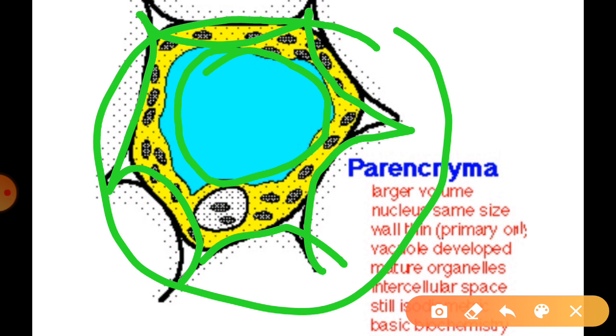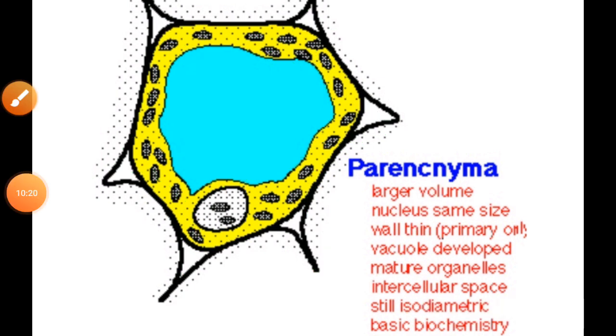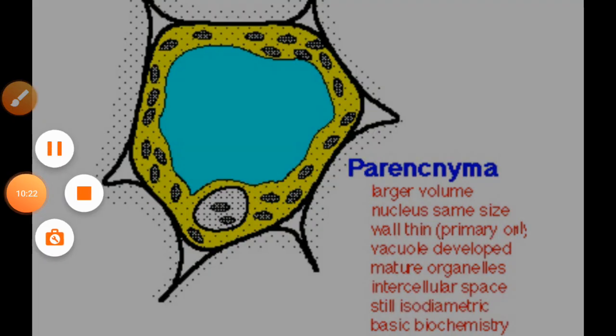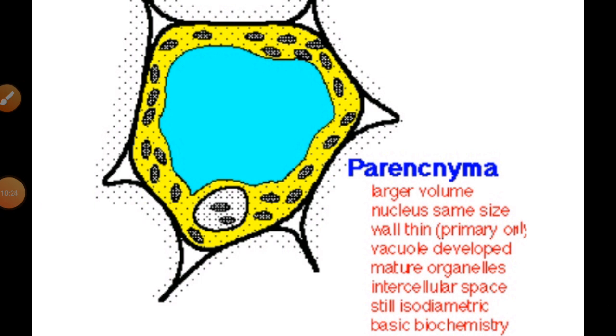Then we have to know about the functions of these parenchymatous tissues, which means how this tissue performs its activities. For that we have to know the different functions of the parenchyma. First, it is helpful for the storage of food, water and air, as I have told you, storage parenchyma.